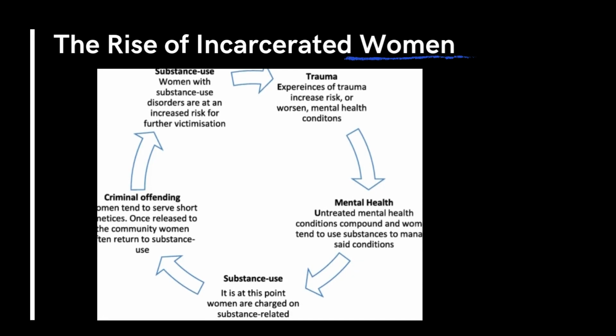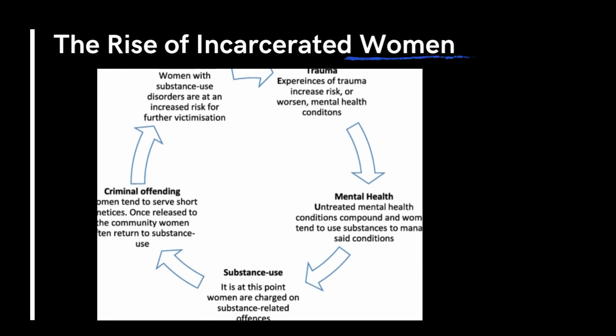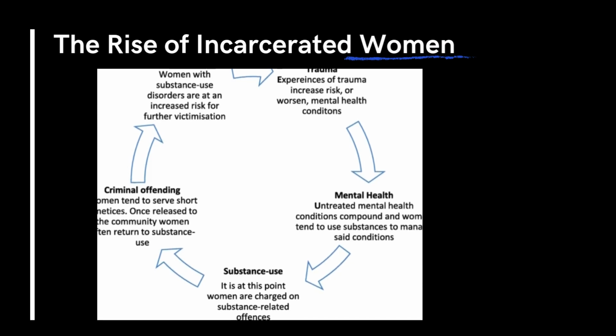And we can kind of see how this happens with the drug crimes from this chart below. You start with trauma. I mean, you really could just pick anywhere on the chart, right? But here we'll start with trauma, with the experiences of trauma increasing risk or worsening mental health conditions, which leads then to the untreated mental health conditions compounding, and women tend to use substances to manage those issues.